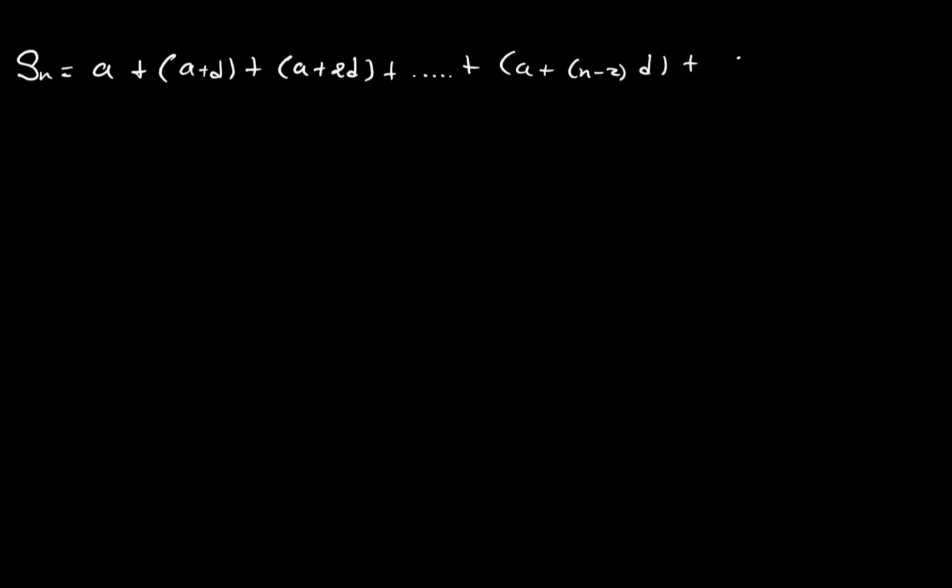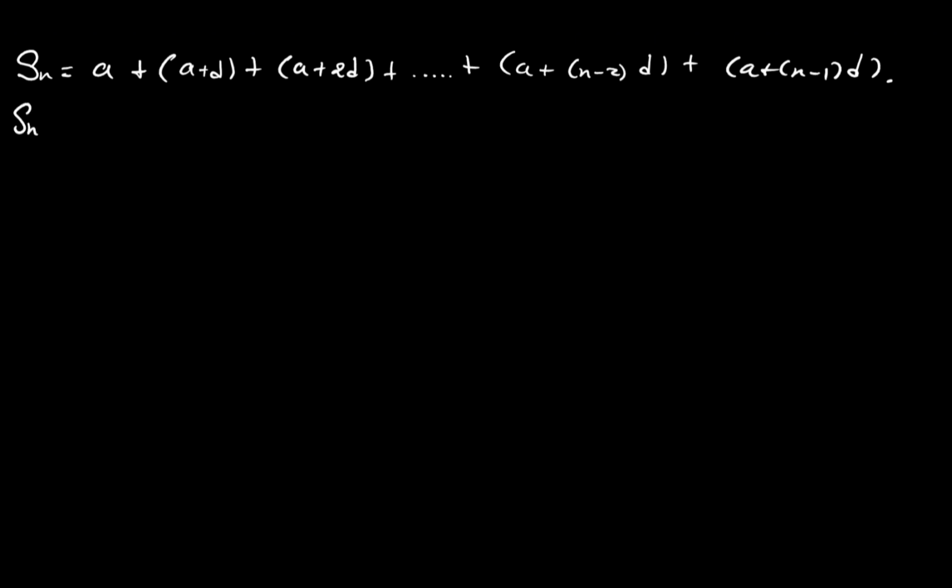All right, so since we have it like that, then we're going to say that the sum S sub n is equal to a plus (a plus d) plus (a plus 2d) plus ... plus (a plus (n minus 2)d) plus (a plus (n minus 1)d), just like that. Now remember, using the same method, we have to write it backwards.